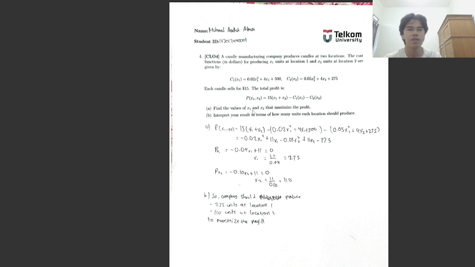First, find the values of x1 and x2 that maximize the profit. So first we need to substitute this formula into the profit formula. And we got this equation. And then to get the critical point, or the maximum value, we need to derive it and set it equal to 0.